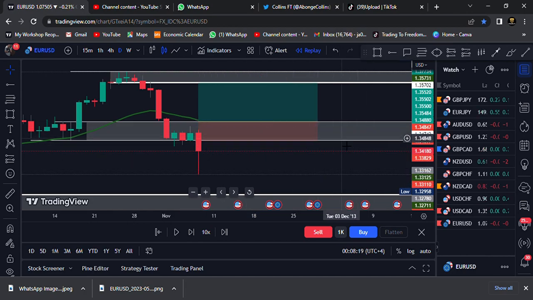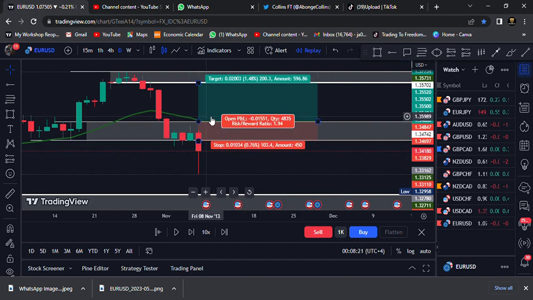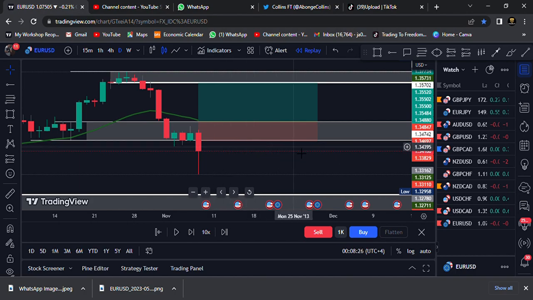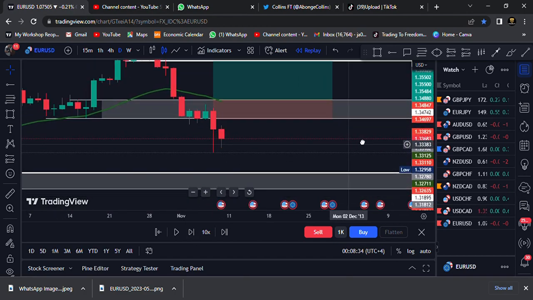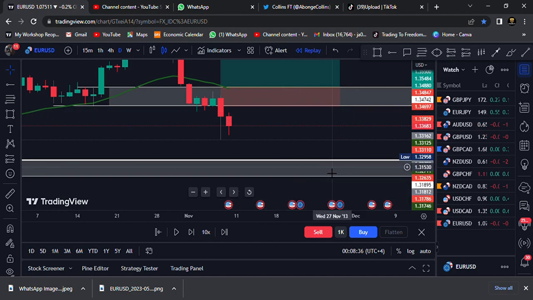We said we are not going to trade inside here, so we put our buy stop at this point, then stop loss below here. So let's see what happens. Okay, nothing is triggered guys, nothing.